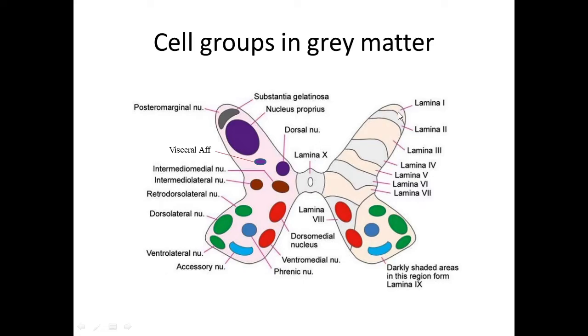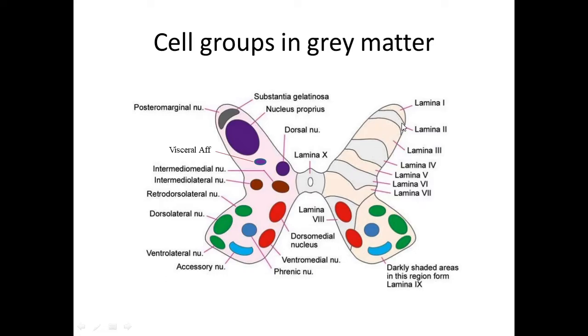Now lamina 1 to 6 are confined to the posterior gray column.